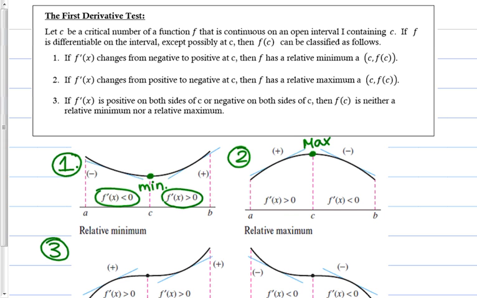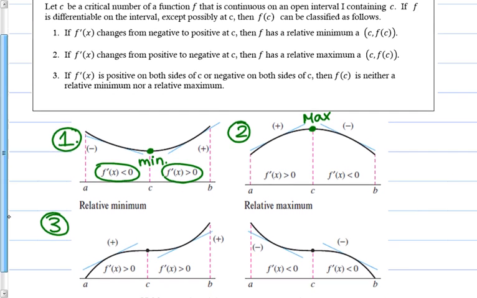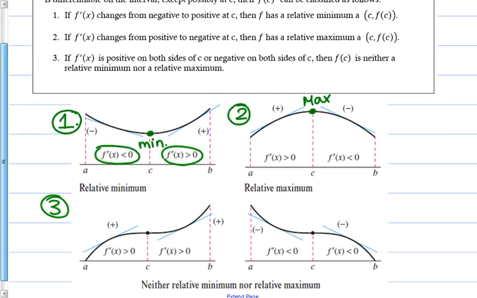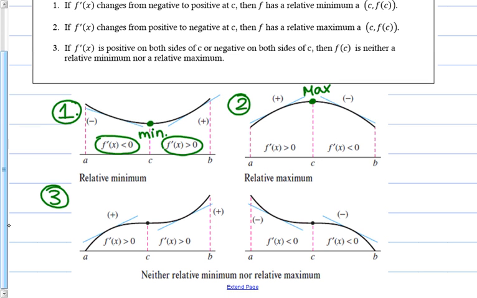So number 3, if f prime is positive on both sides of c or negative on both sides of c, then f of c is neither a relative minimum nor a relative maximum. So for both of these examples, it is possible for the function just to be strictly increasing or strictly decreasing and not have a change from increase to decrease or decrease to increase.